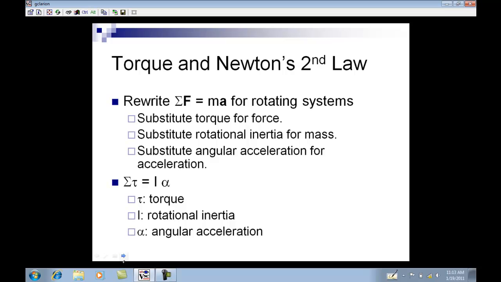So the strategy for solving these problems is substituting torque for force, rotational inertia for mass, angular acceleration for acceleration, and you essentially have what I just talked about. Instead of solving for this equation, we're just using this equation. Just think of them as being analogous. You wouldn't have gotten this far in physics if you weren't able to solve that. So if you can solve that, we're just replacing that notion with that. Okay. All right.